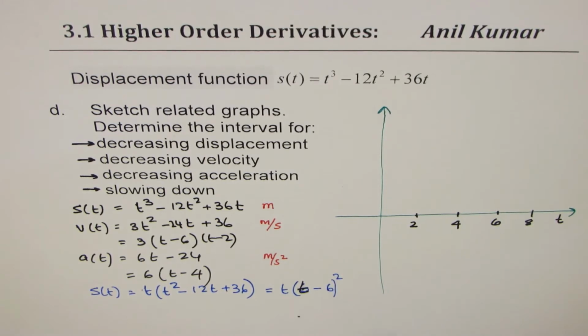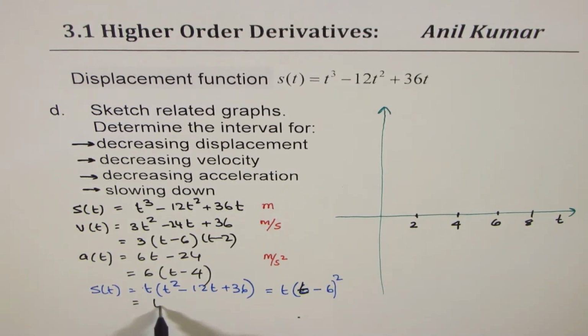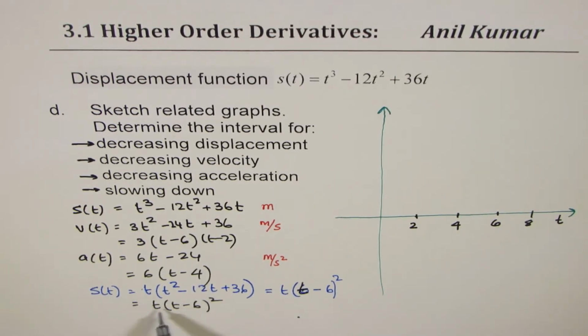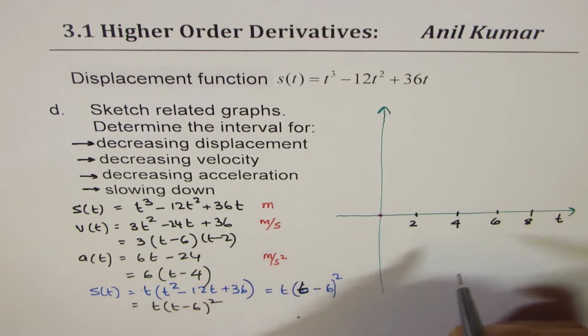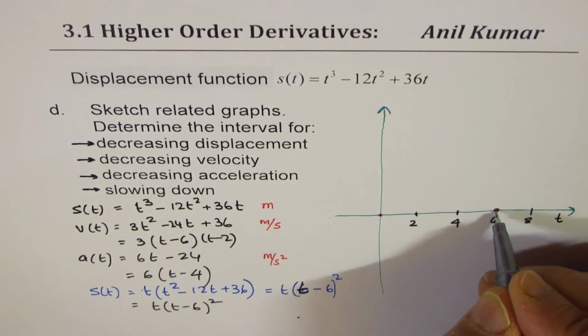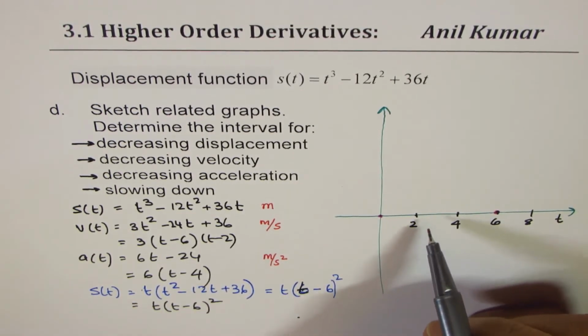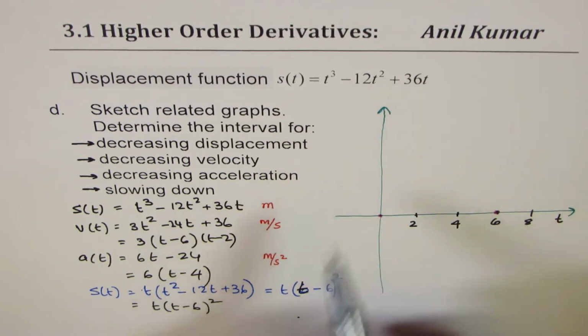So let me rewrite this. I could write this as t times t minus 6 whole square. So as I said, all these equations are very simple to sketch. So as far as displacement goes, we have two zeros here, one to start with, the other one is at 6. So it's a good idea to find some values in between.